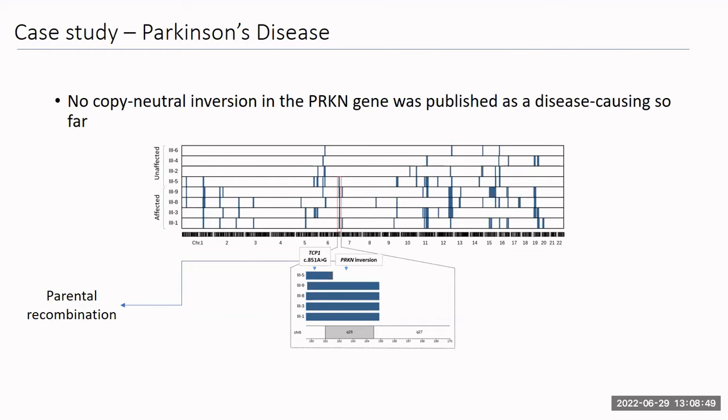And when we went back to the data, we found out that V5, the individual that was considered to be healthy to begin with, had a parental recombination, excluding the pathogenic Parkin inversion as homozygous in this patient. So while he was homozygous for the TCP1, he was only heterozygous for the Parkin inversion, which really makes sense why he's healthy.